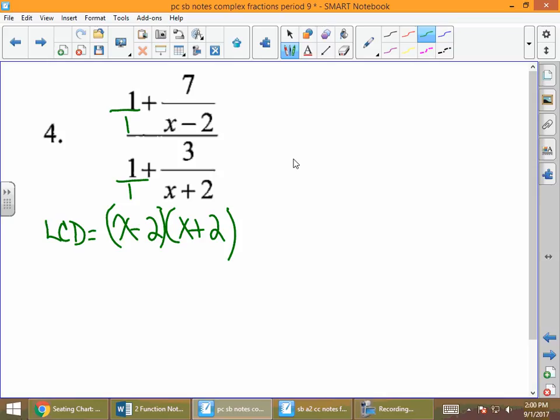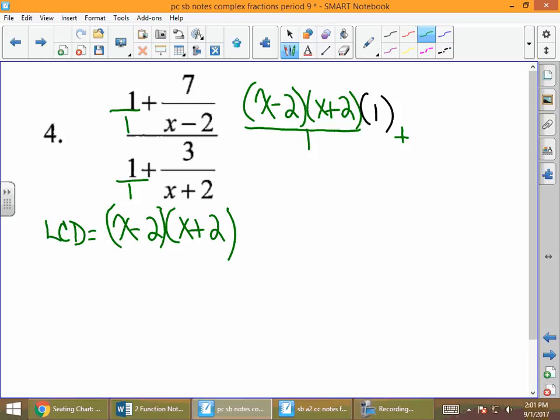Again, if you don't like this method, we'll go back to the addition method in a minute. But once we determine what the least common denominator is, we're going to take x minus 2 times x plus 2 times 1, over 1.